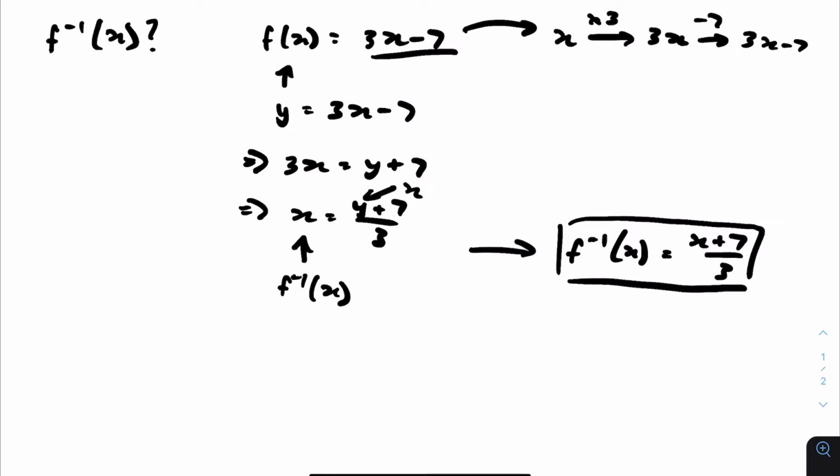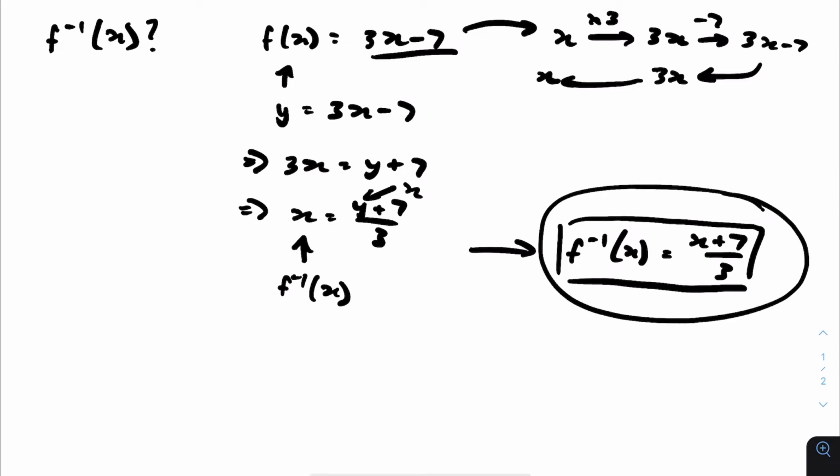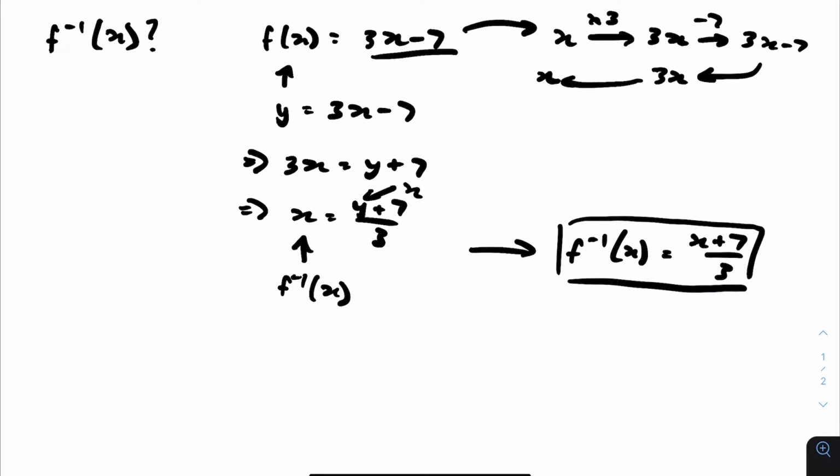So if we took 3x minus 7 and used the inverse method, we would first have to add 7, so we'd get 3x. And then we'd have to divide by 3 to get x. And this is exactly what the inverse over here is showing. And this is the algebraic way of solving it.